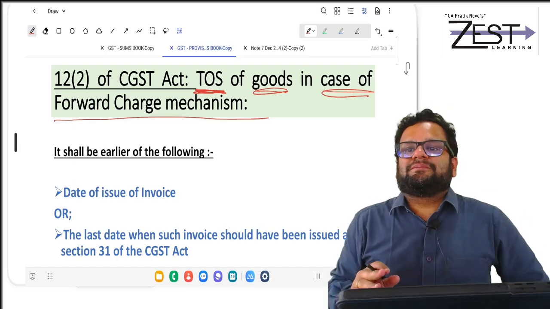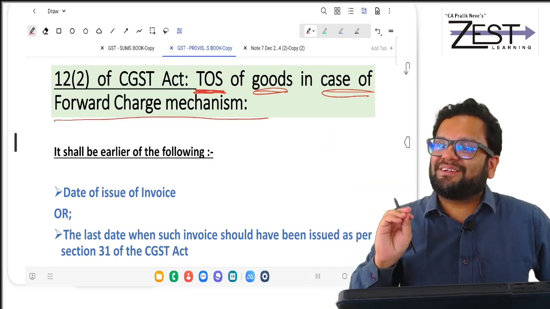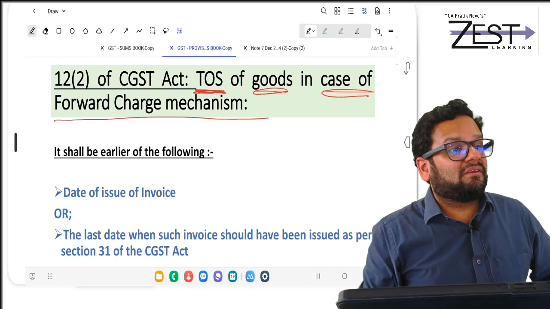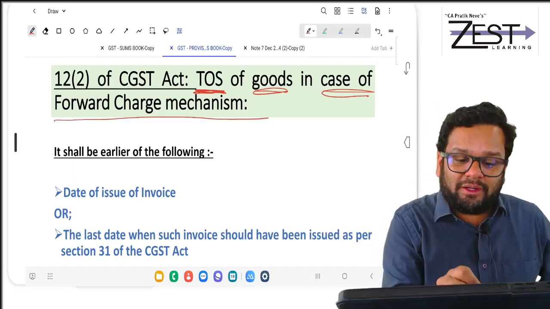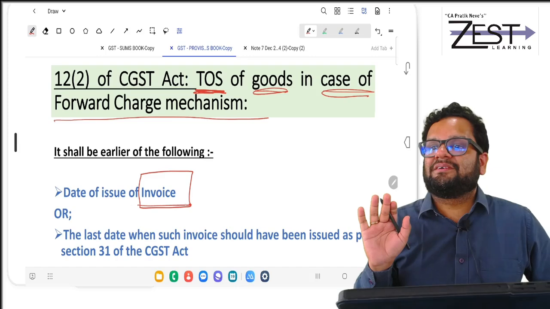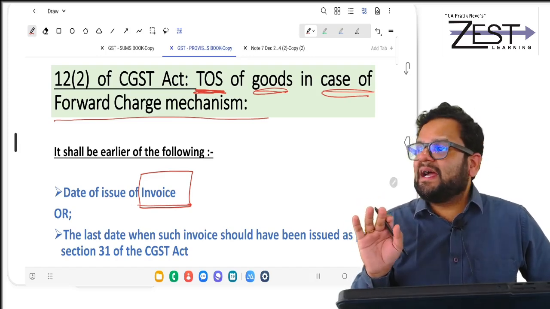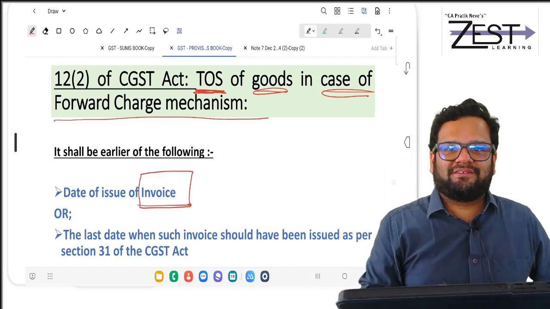What will it be? Government says we are not interested in when you got the payment. In 12.2, we are not interested in the date when you got the payment. We are interested in when you made the invoice. So what is time of supply? As simple: date of issue of invoice.